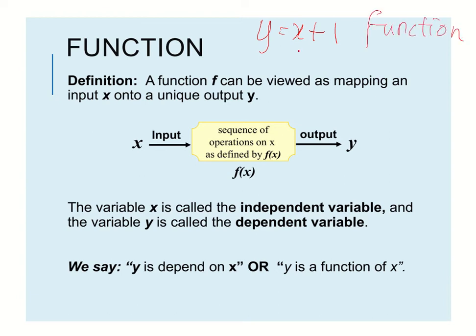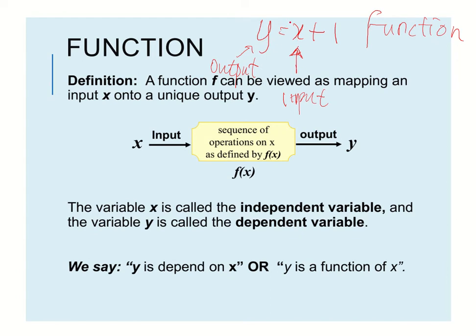Because if we have an input x, then from this input we can find the output, y. If x is 1, the output is 1 plus 1, which is 2.